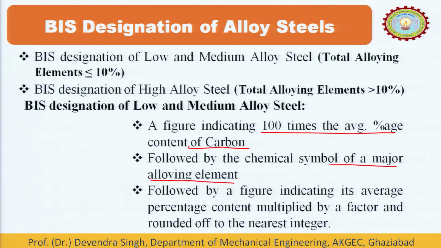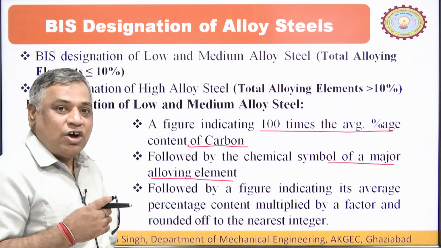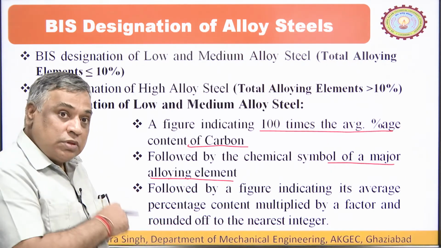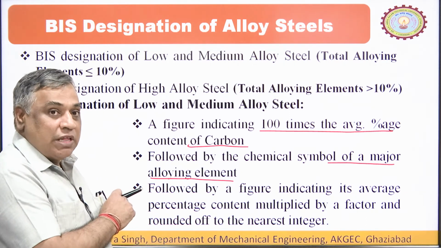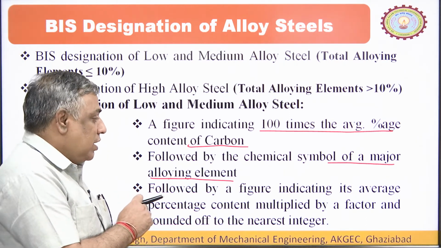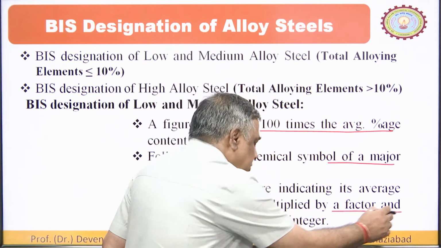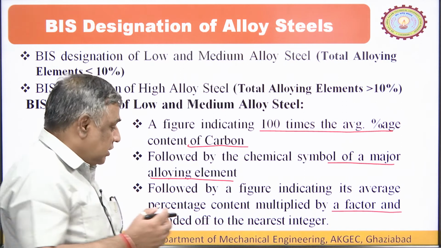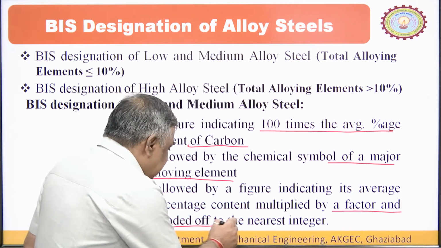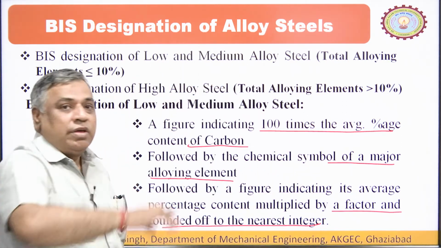After this chemical symbol, we write a figure, and what is the value of that figure? The value of that figure is the average percentage content of the alloying element which you have already written, multiplied by a factor, and it is rounded off to the nearest integer as per international norms.